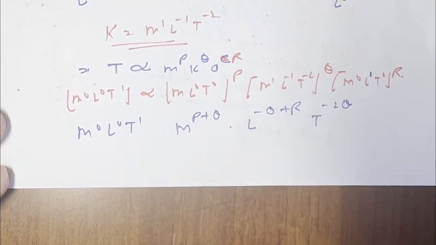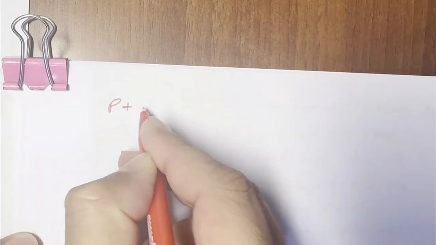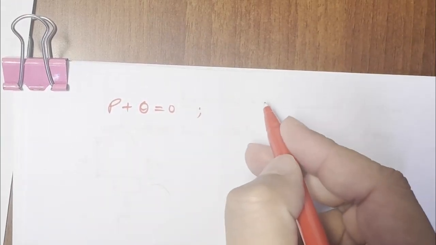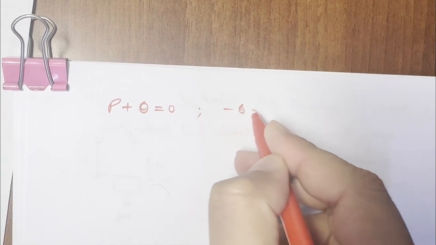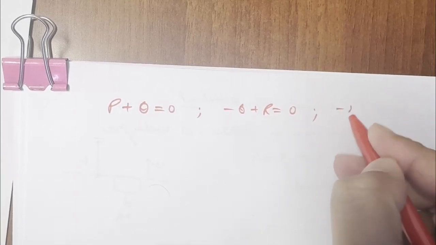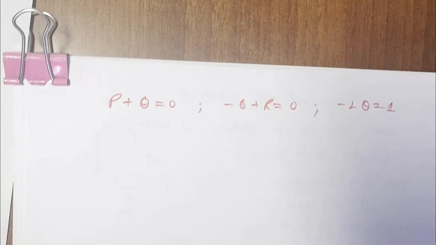Now we equate them. We get P plus Q equals 0, minus Q plus R equals 0, and minus 2Q equals 1.